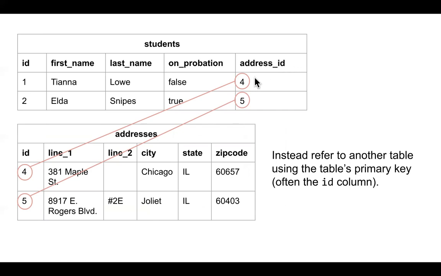So this is a connection, a reference to a record in another table that has the rest of their data. So the student with the ID of 1, Tiana Lowe, their address ID is 4. To know what that means, we have to look at the addresses table. And the record with ID 4 is this address. So that's how we relate those two tables together, figure out the student's address without storing redundant data.